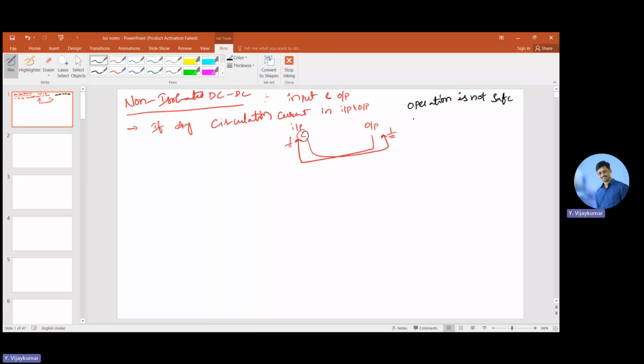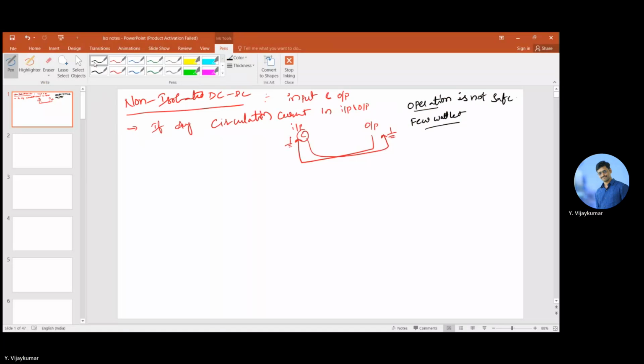When they are working at a few kilowatt levels, the possibility of circulation currents is higher, so it will create more disturbances and may cause unsafe operation. So the first point is that because of the circulation current, the operation is not safe. That's why it is limited to very few kilowatts.